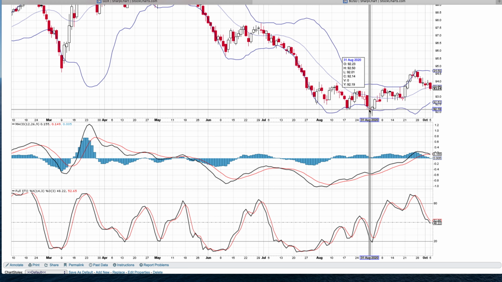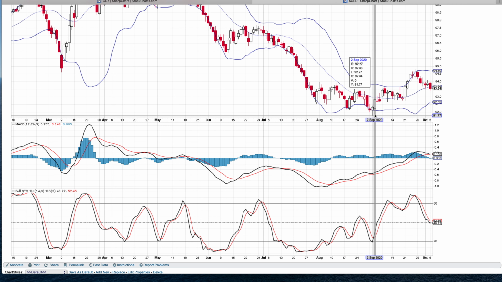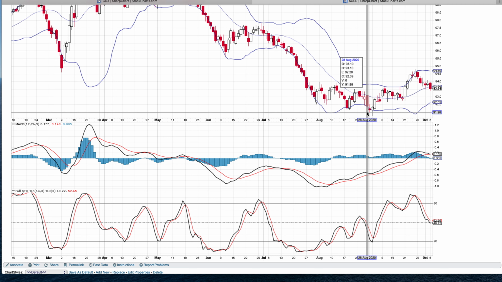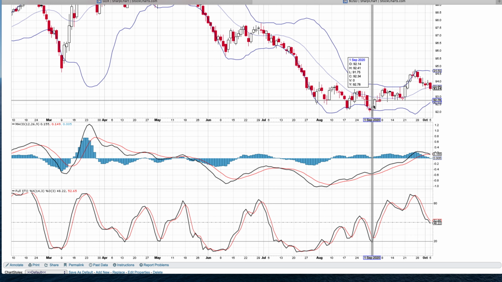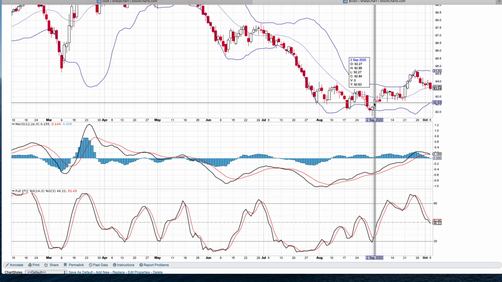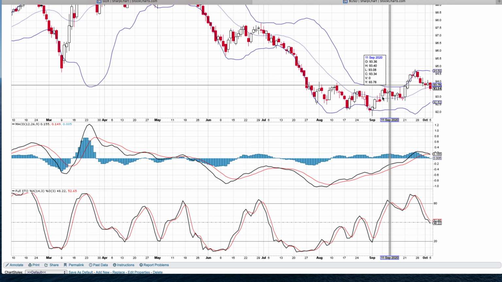So bear trap, Bollinger Band support, a previous bullish candle which shows bottoming. So what's good about this one? It's a hammer, came with bear trap, Bollinger Band coming in, testing the mean reversion trade.